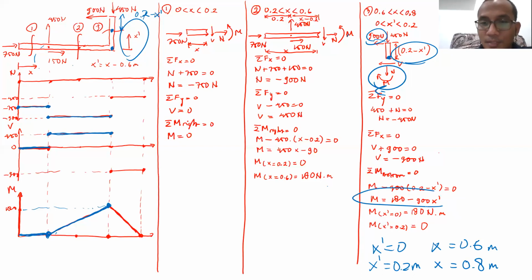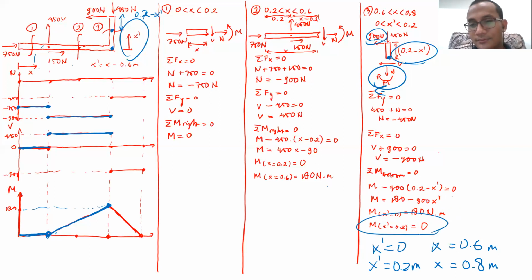So this equation becomes 180 minus 180, which is 0. So this one is actually xn equal to 0.2 meters or x equal to 0.8 meters.